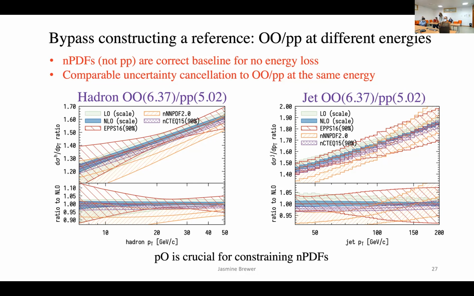So, right. What you're saying is that if you have oxygen and proton-oxygen, then proton-oxygen will constrain the nuclear PDFs with the dijets, and then you can use it here. Yes.